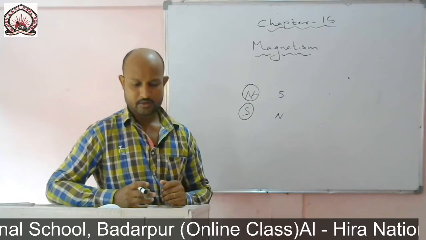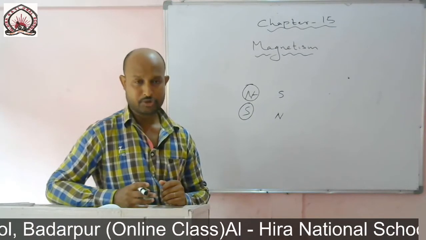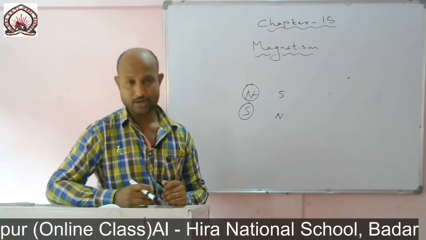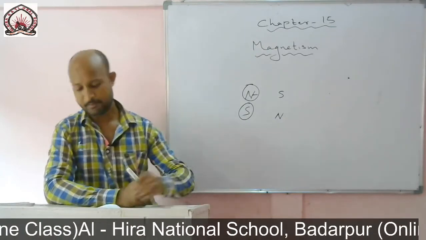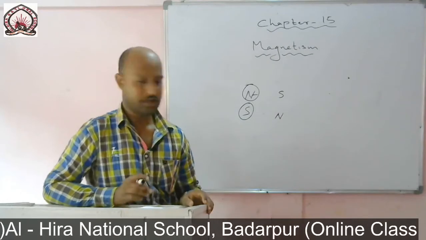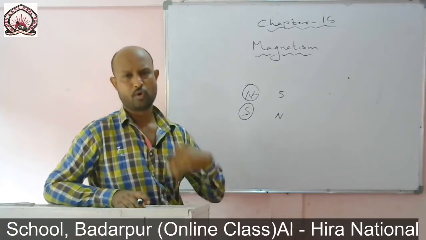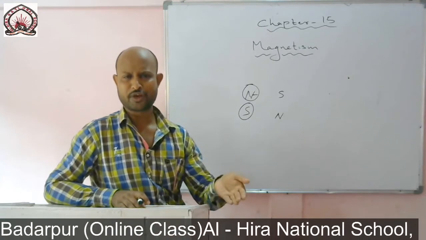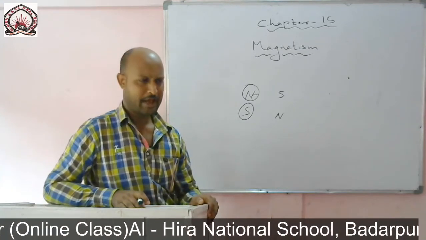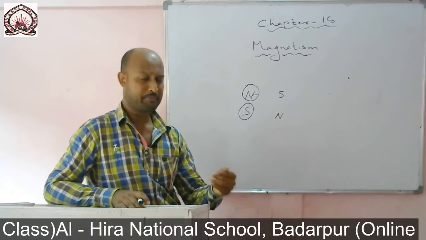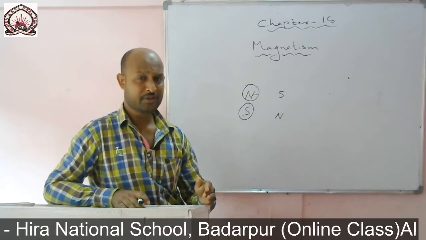That is why we are able to determine that the Earth also has a huge bar magnet inside it. That is why the North Pole of the magnetic compass always points towards the geographical north, and the South Pole of the magnetic compass always points towards the geographical south.